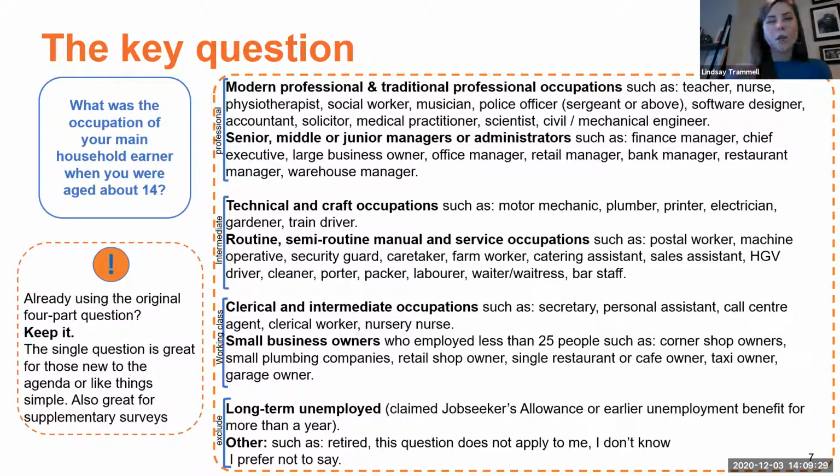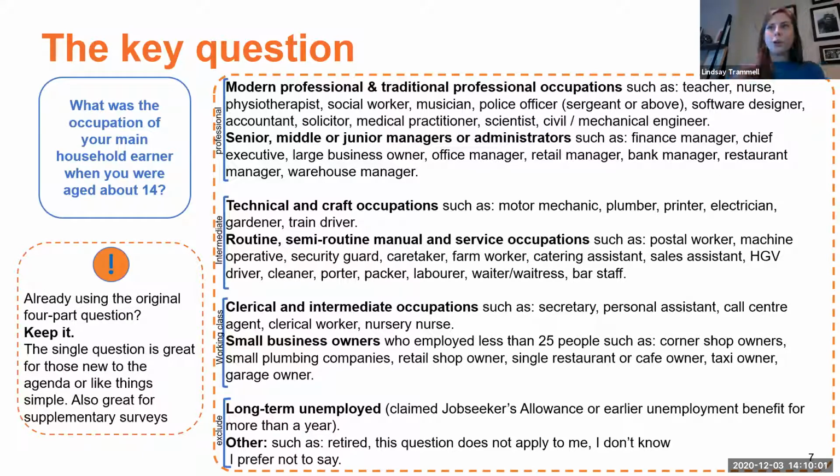So if you do quick, short pulse surveys of your workforce, if you have shorter supplementary surveys where that 4-part question is just a bit too in depth, either from an analytical perspective or just a survey length perspective, use this one. But again, if you have the original 4-part version, go ahead and keep it. You will have slightly better accuracy with the 4-part version than with the simplified version, but that's okay too. Either way will work for you.